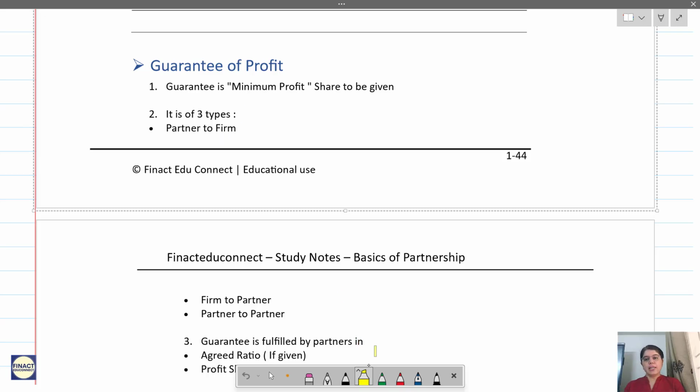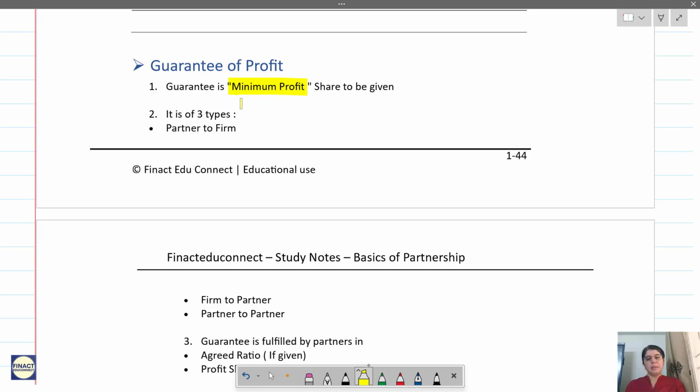So again I said guarantee means minimum. So here also guarantee is a minimum profit share to be given. Some partners will agree to join the firm. If a particular partner has some goodwill, and the partnership firm wants to join him as a partner, then sometimes they may have to give this guarantee to the partner that you will be getting a minimum profit of so and so rupees.